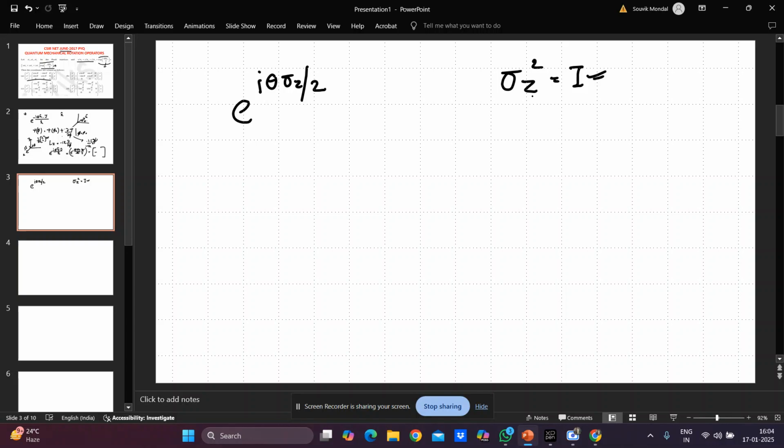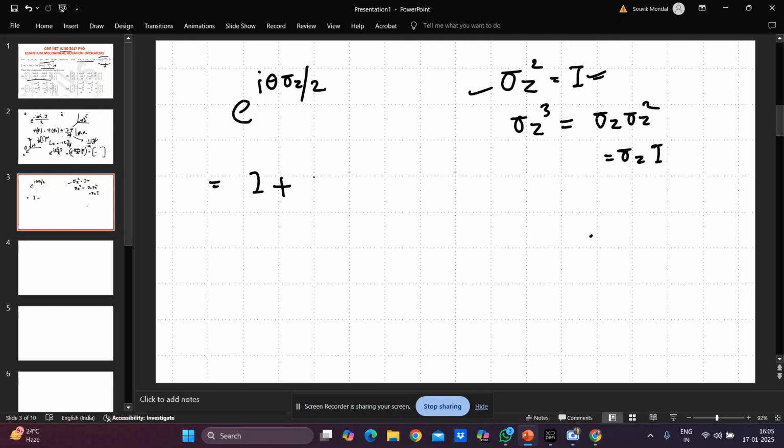This is the property you have to follow. And what is sigma z cube then? Sigma z cube is simply sigma z into sigma z square, that is sigma z into identity. So this pattern will follow. You have to remember just this thing. Now expand it.